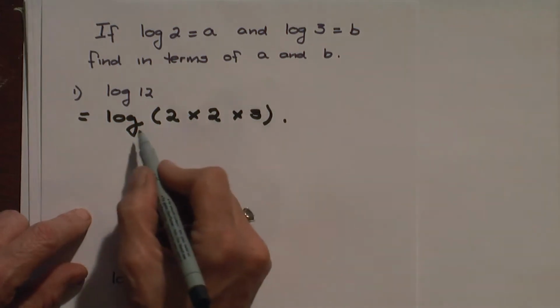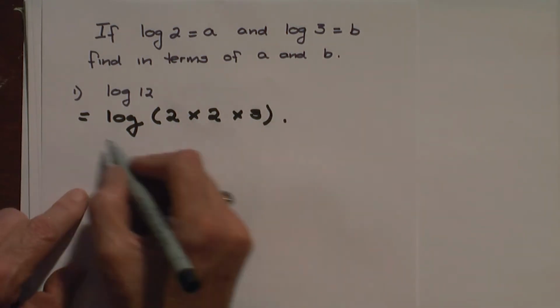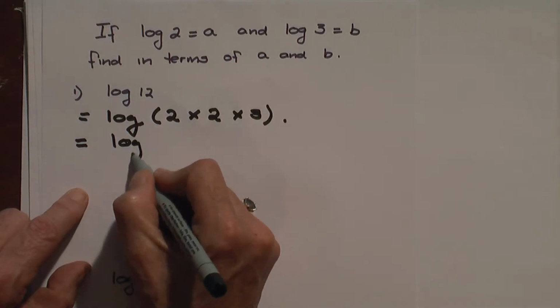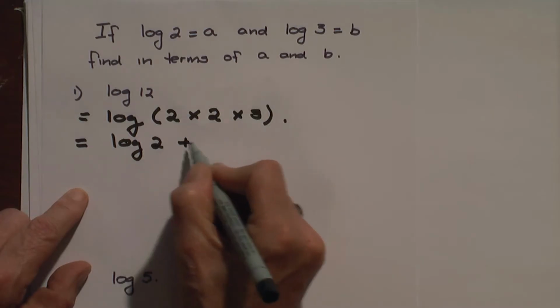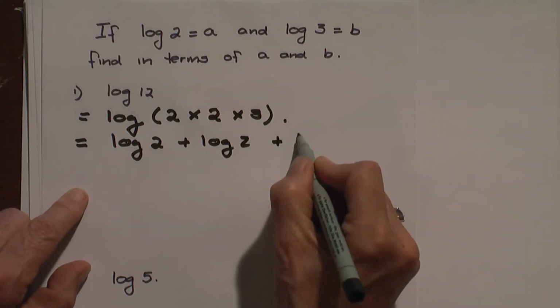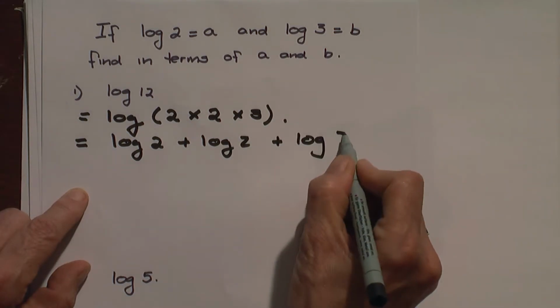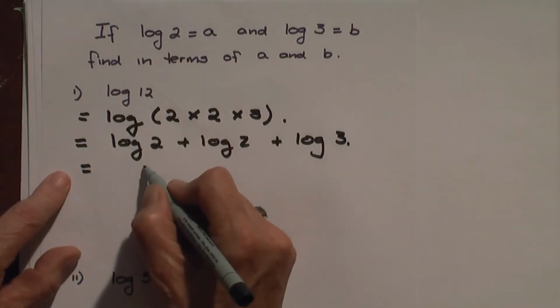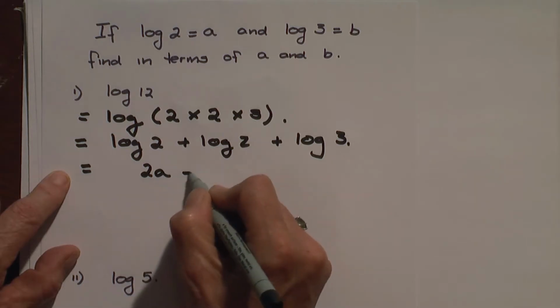Now, there we go. I'm multiplying the numbers, so I add the logs. So I've got log 2 plus log 2 plus log 3, which gives me A and another A, 2A plus B.